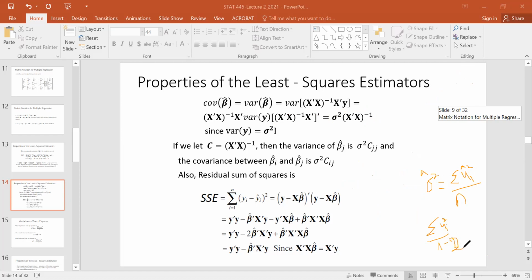Remember that, go back to the simple regression slide. So we said this was a better unbiased estimator of sigma squared. We always need this for hypothesis testing and inference. It was n minus 2. In simple regression there were two parameters, beta 0 and beta 1, so the degrees of freedom was n minus 2. Here we have p parameters, that is k regressors plus 1. You expect that the denominator will be n minus p, but we'll get there.